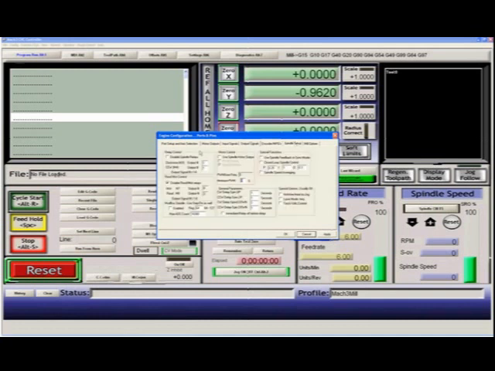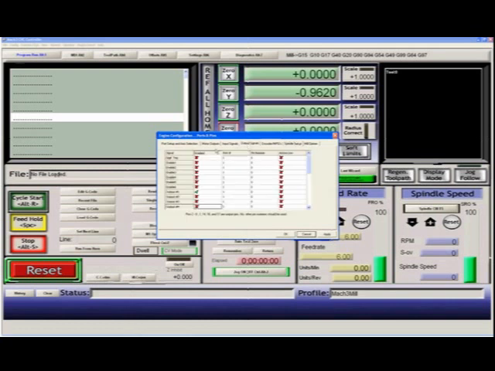Well, on this spindle tab, I selected output number 1 as my spindle relay. So under output signals, I'm going to go down to output number 1 and turn it on. It should be checked for on, port number 1, and you can see it's set to pin 0, which is wrong. We're going to set that to pin number 1 in this case.